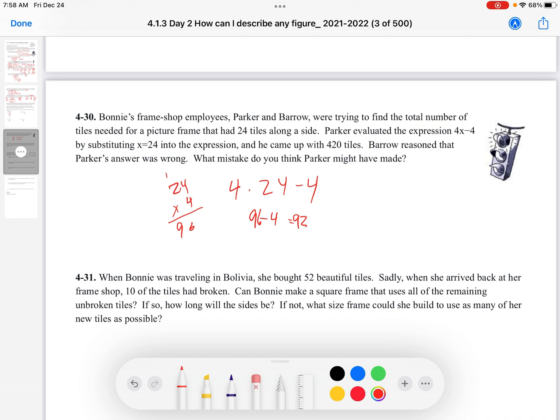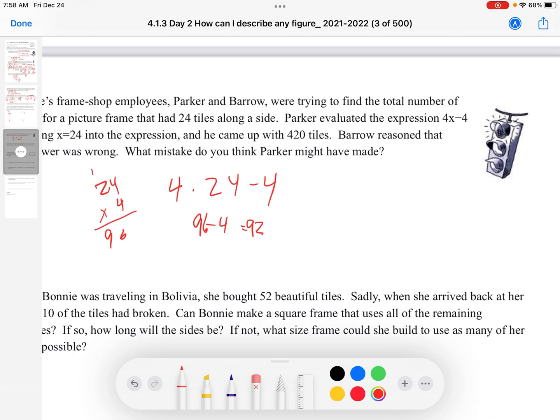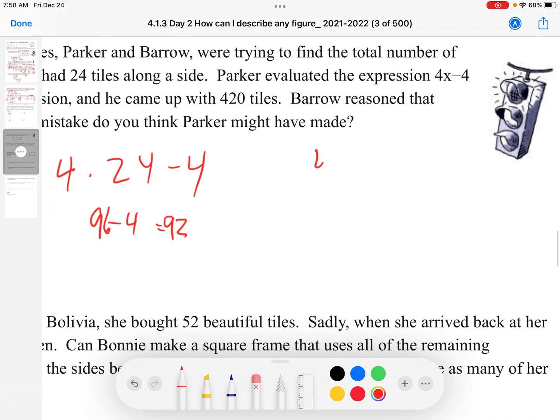Well, I would guess 400. Actually, I'm not 100%. Oh, no. Did he subtract first? 4 times 24 minus 4. Did he screw up and do this? 4 times 24 minus 4, which is 20?